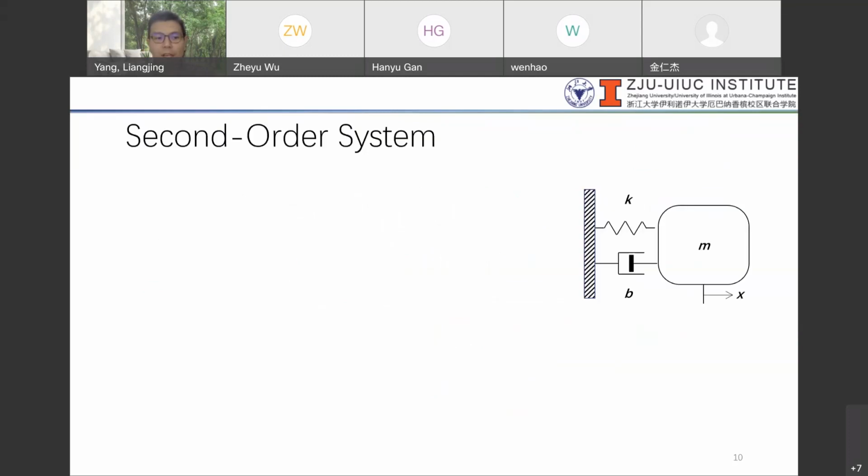If we are looking at a second order system like this, the first thing we can do is to work out the equation of motion. In this case, say there's no external force, so we are not looking at any external force.